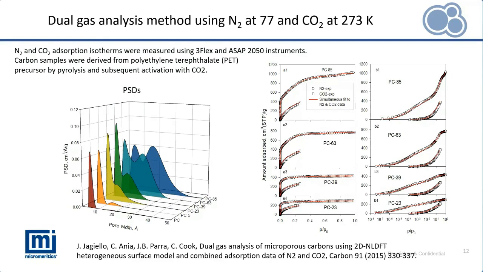Historically, CO2 adsorption isotherms measured at 0 degrees C were used for the analysis of such carbons, usually carbon chars. However, the CO2 isotherm at this temperature is only sensitive to pores smaller than 1 nanometer or 10 angstrom. So the full pore size distribution cannot be determined by this method.